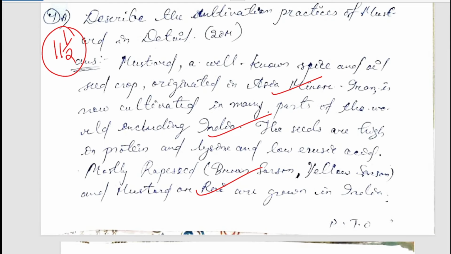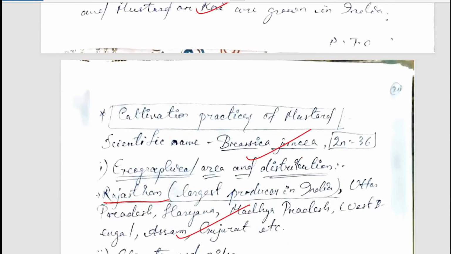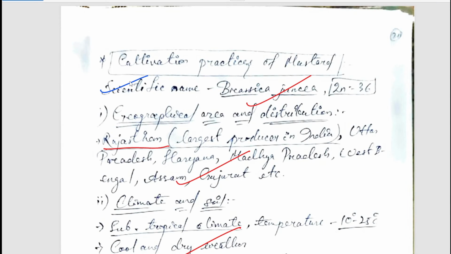Now the next question is, describe the cultivation practices of mustard in detail. Again, if you know the oilseeds cultivation practices and you know the differentiating things of different oilseeds, you can write it easily, as I have discussed. Scientific name, geographical area: I think the scientific name you can write, or you can skip it also. It is not necessary to write it.